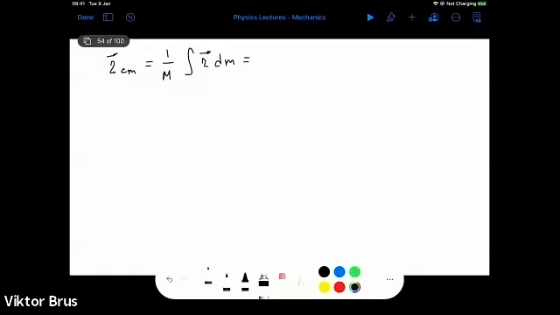So in another way, it can also be represented as 1 over total mass, sum of Ri delta Mi over all pieces of this system.